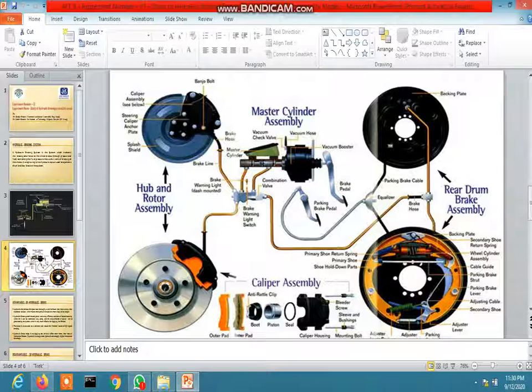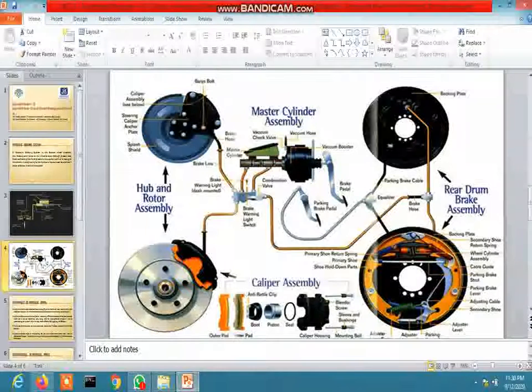Now here there are two outlet ports. One port goes to the front side, that means the front wheel side, and the other port, that means another braking line, goes to the rear wheel side, and some combination valves are there.